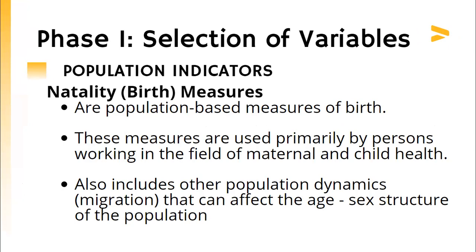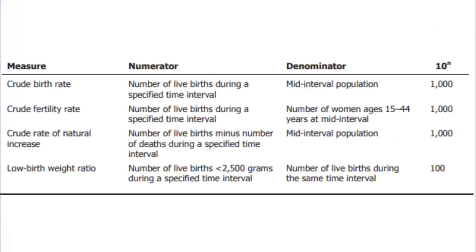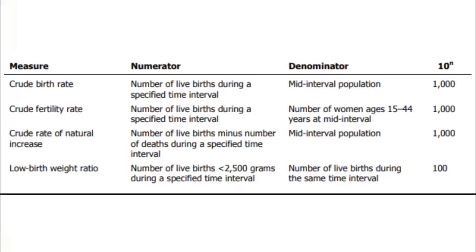These are population-based measures of birth, used primarily by persons working in the field of maternal and child health, and this also includes other population dynamics that can affect the age-sex structure of the population. So these are the different measures that I will be discussing: crude birth rate, crude fertility rate, crude rate of natural increase, and low birth weight ratio.